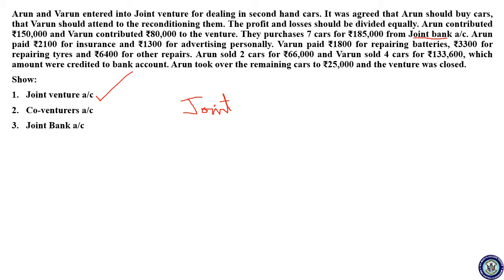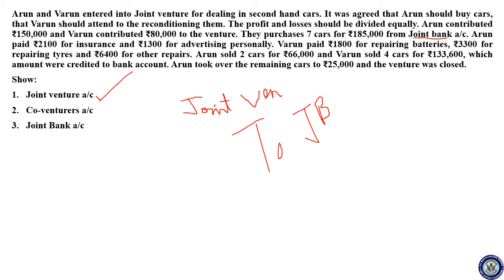So joint venture account should be debited, because you are buying the car. Joint venture account debit to joint bank account. Why is it credited? Because your cash goes out, so the joint bank has to give the money.